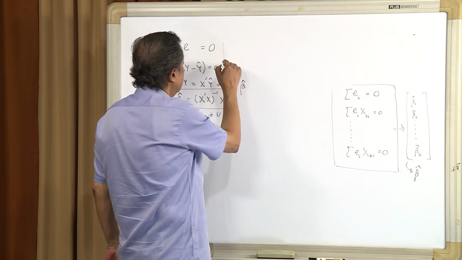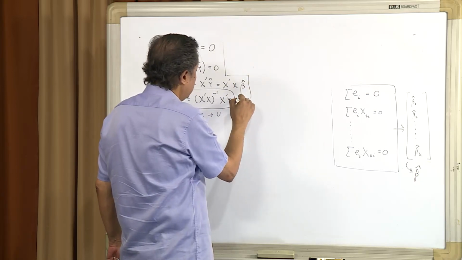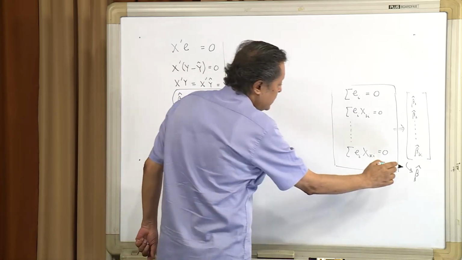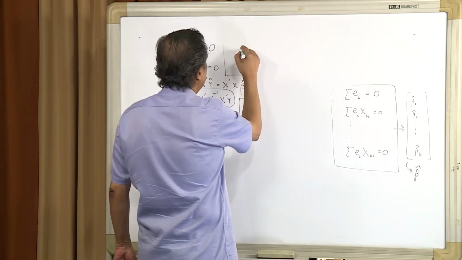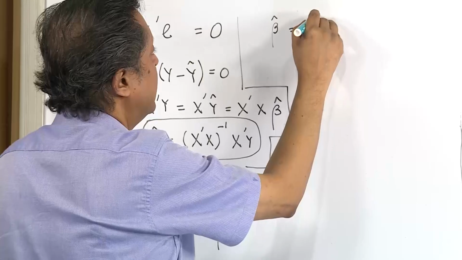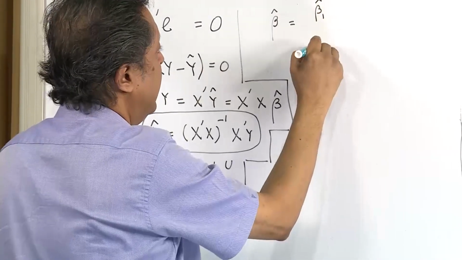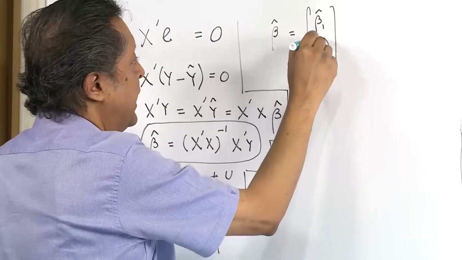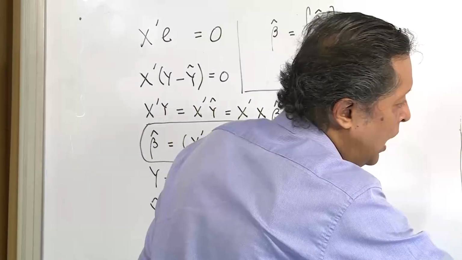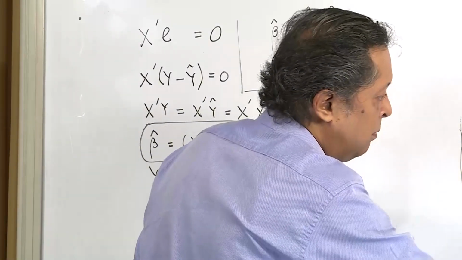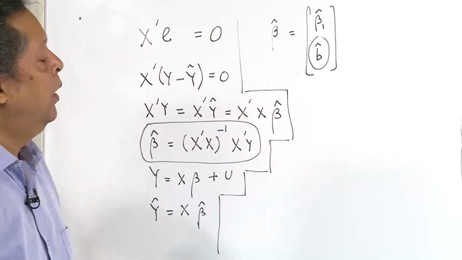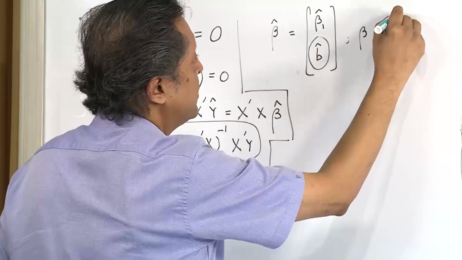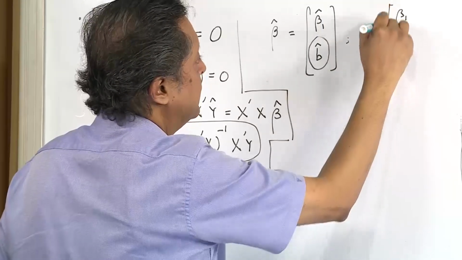Now, it is easy to transform the model into deviation form. This beta hat can be written as beta 1 hat and b hat, where this b hat contains all the other betas apart from beta 1, and naturally this is an estimate of beta, which is beta 1 and b.